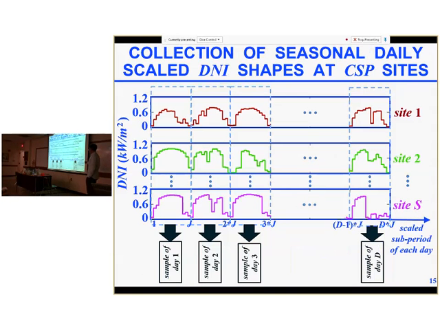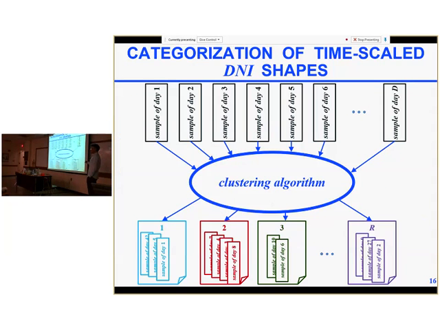The D samples form the time scaled DNI shape collection. The collection is based on one single time frame, so it allows us to identify similar DNI shapes in a meaningful way.